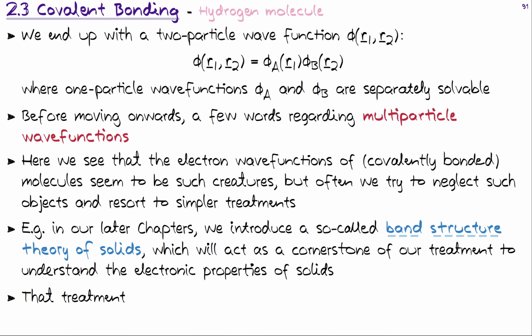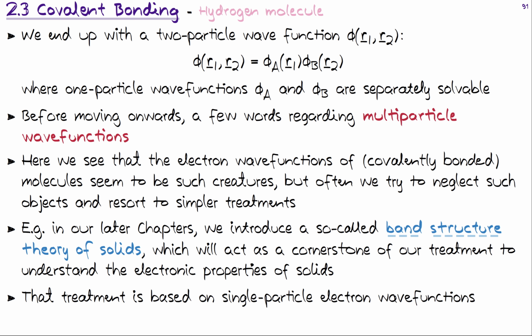So this band structure theory of solids is an example of single particle electron wave functions in place. So we calculate single particle electron wave functions out of a complicated solid state system, and then we just populate electrons into these states, and we pretty much neglect electron-electron interactions along the way.